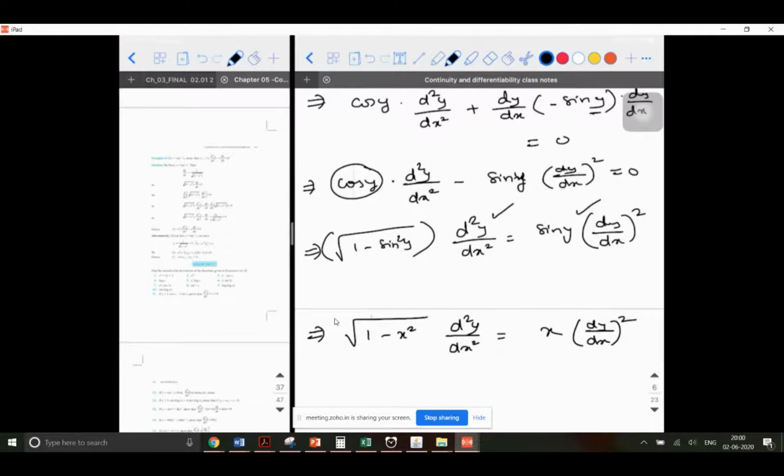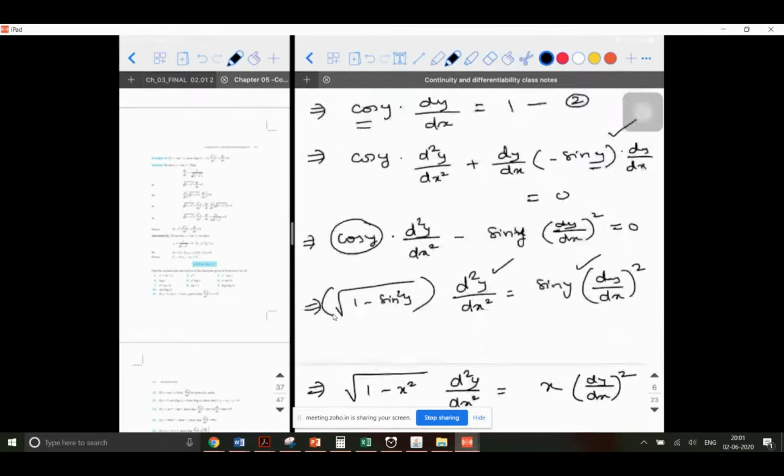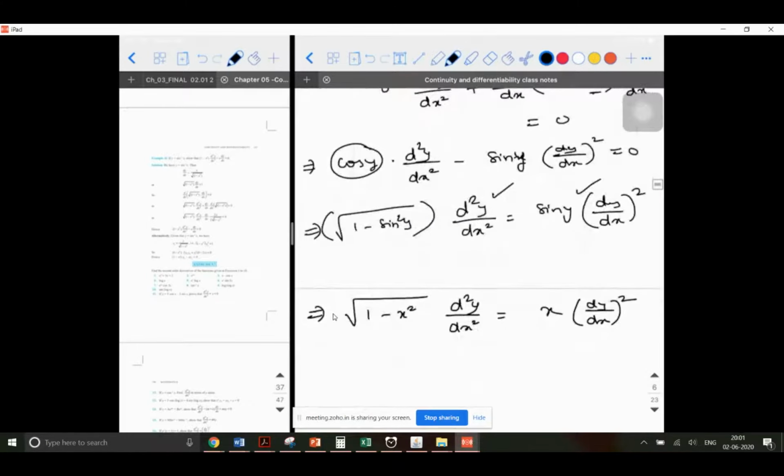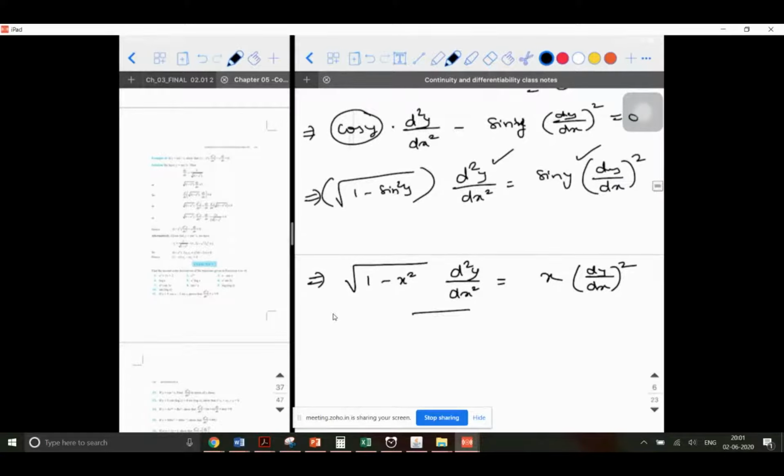Now how to solve? Anyone? Anyone with an idea? I am getting an idea to do something from here.